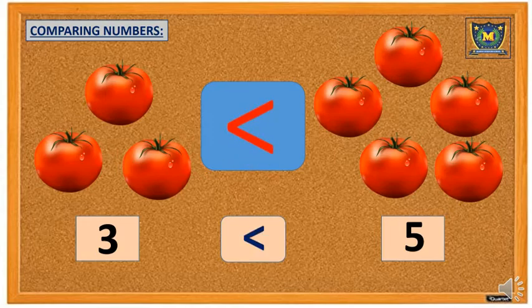So this is the symbol for lesser than. Okay, let's read this. 3 tomatoes is lesser than 5 tomatoes. Atong binasayon, ang tulo daw ka kamatis is gamay pa kaysa 5 nga kamatis. And this is the symbol for lesser than. So, ato na pong mabantayan diri nga ang gikaon sa panganga ni symbol nga lesser than is ang dako nga numero. Okay?